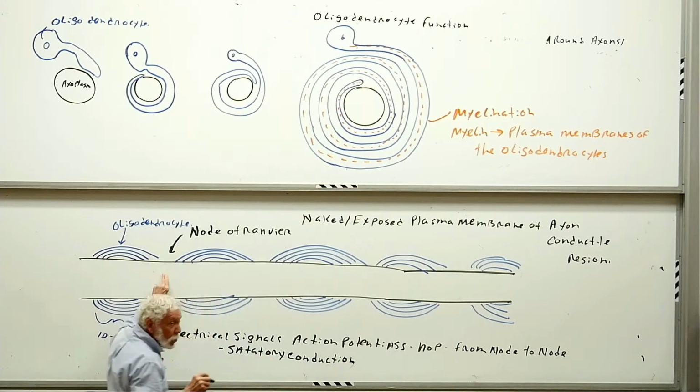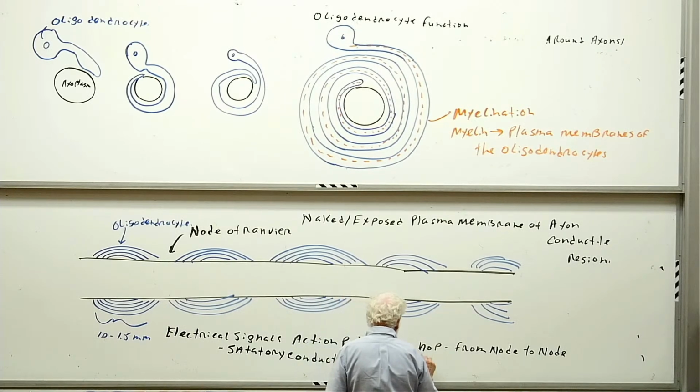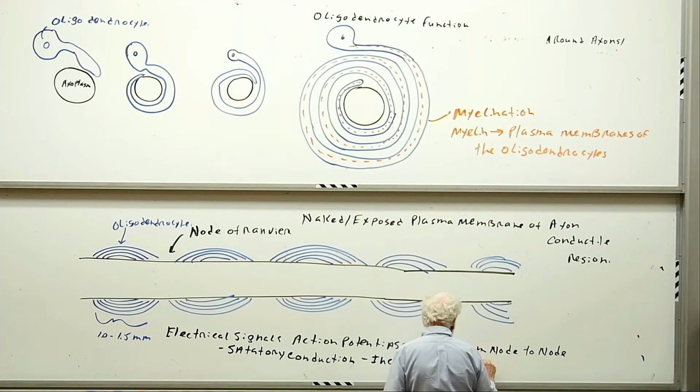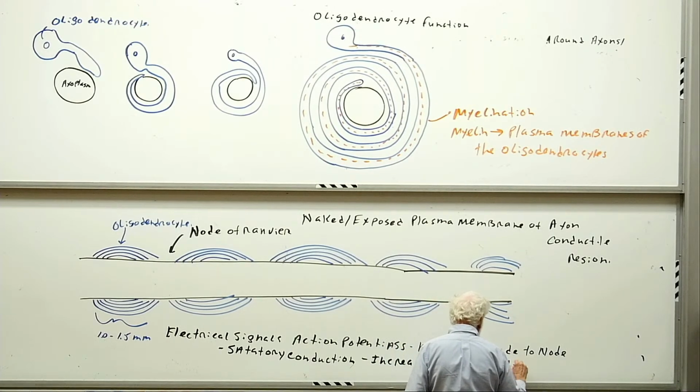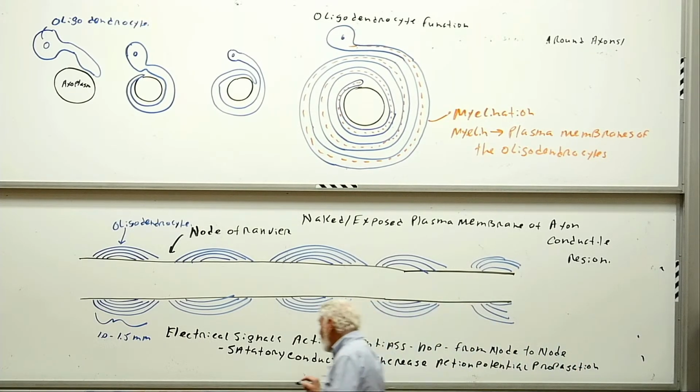And this mechanism, this trick of myelination, can increase action potential propagation by about 100-fold.